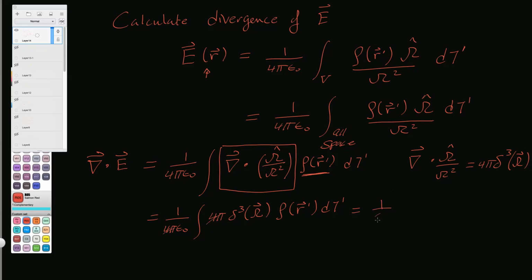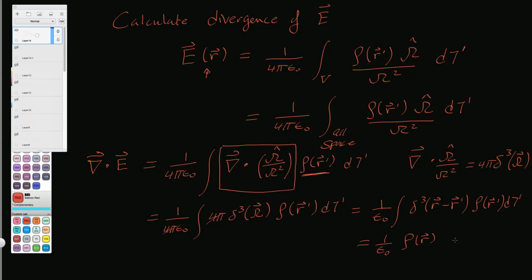We have 1 over epsilon naught, the integral of d3 r minus r prime, and we have rho of r prime d tau prime. Well, this just gives me, according to how delta functions work, rho of r, right? It collapses that integral right away.